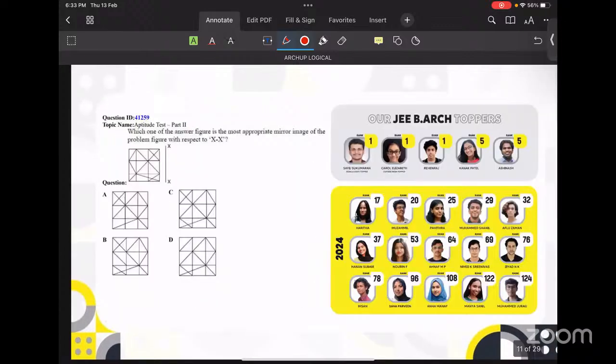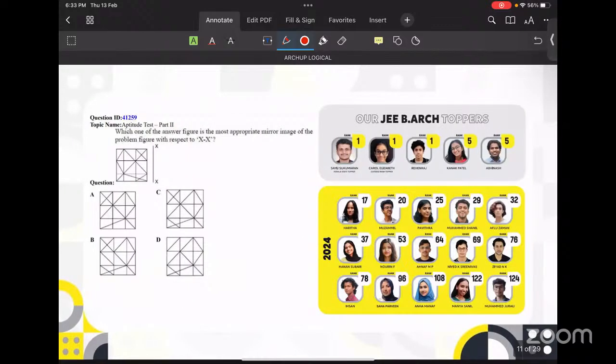Mirror image has a few rules. Rule number 1 is a very important one: no distortion. Whatever is provided in the question should be exactly reflected, nothing more, nothing less. Rule number 2: there will be lateral inversion.